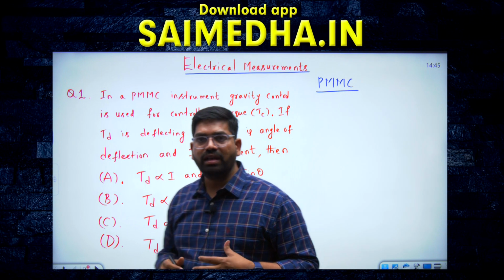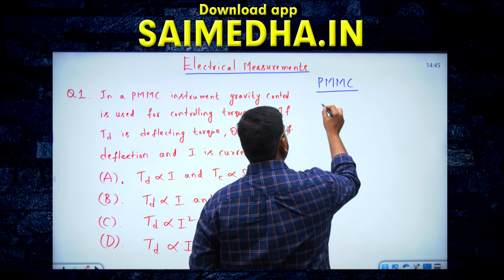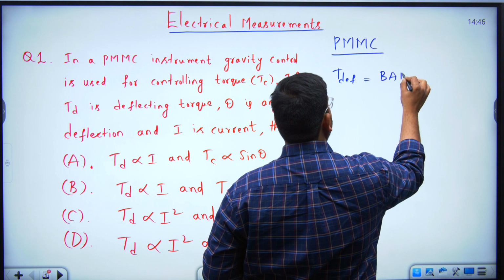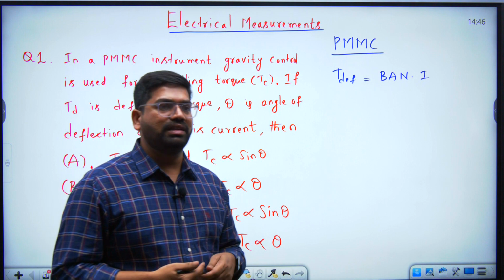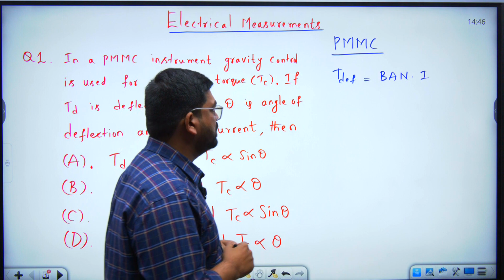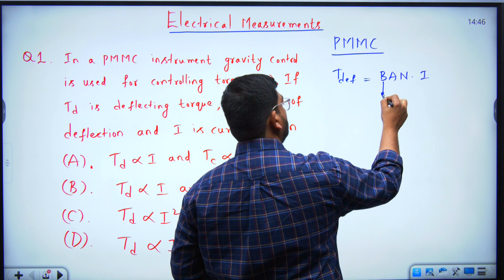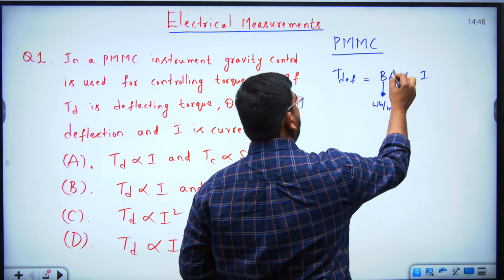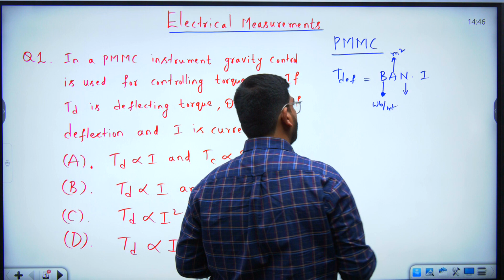And here, the deflecting torque is nothing but BAN into I. So you can easily memorize, keep on revising BANI if it is our PMMC instrument, where B is the flux density in the air gap, that is in our operating field, Weber per meter square, and A is the cross section area of the coil, it is meter square, and number of turns there won't be any unit.